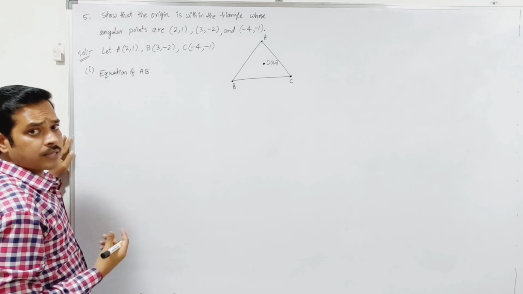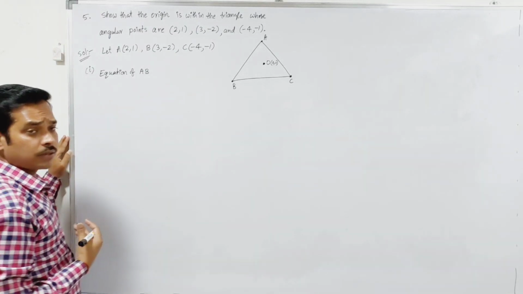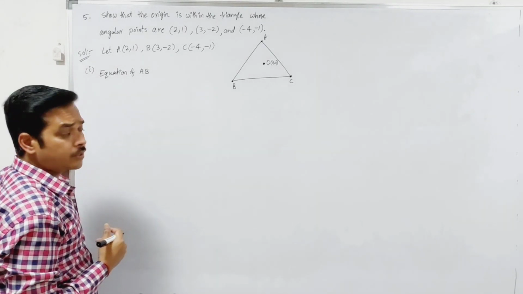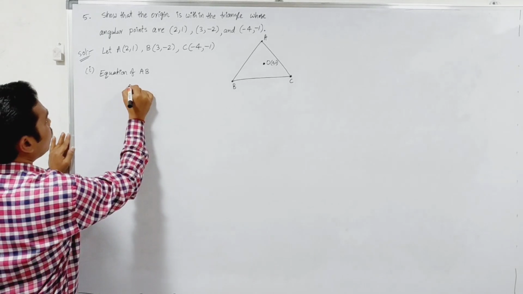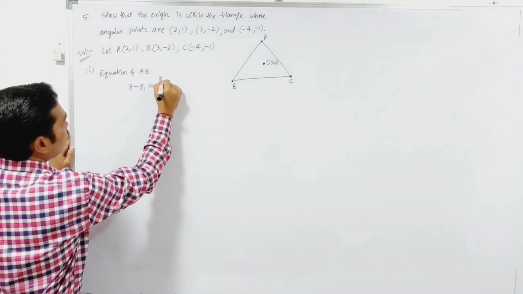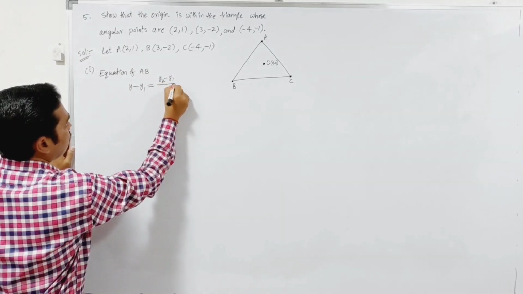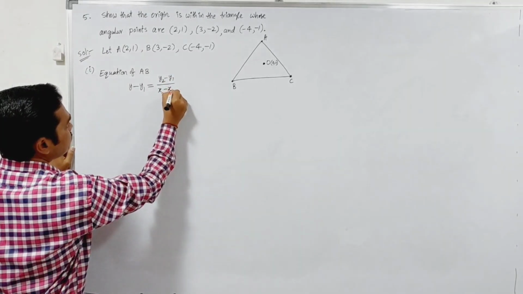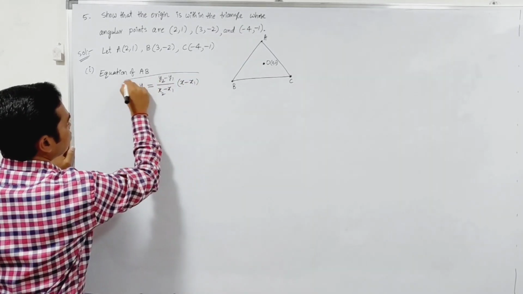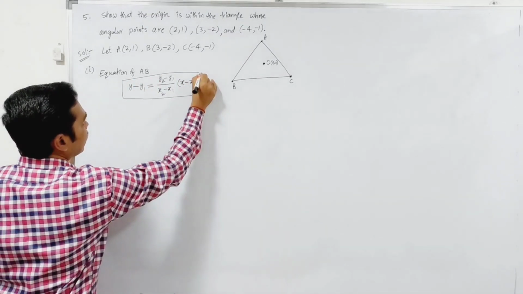If you know 2 points on a straight line, how do you find the straight line equation? By using the 2-point form of a straight line, that is y - y1 = (y2 - y1)/(x2 - x1) (x - x1). This is the 2-point form of a straight line.